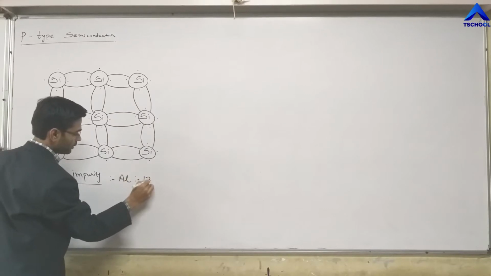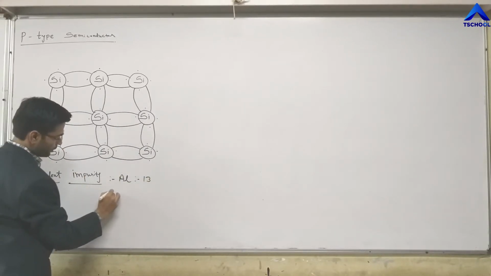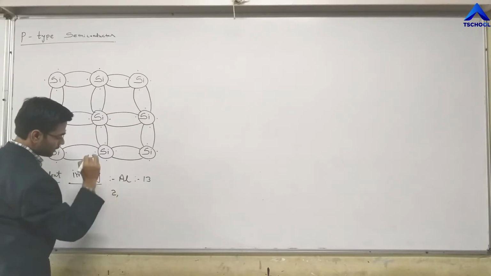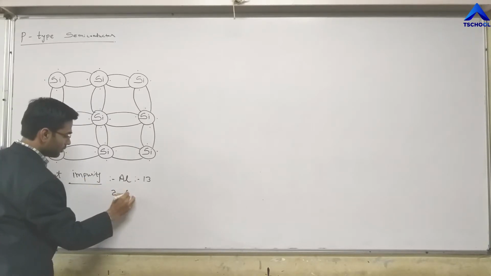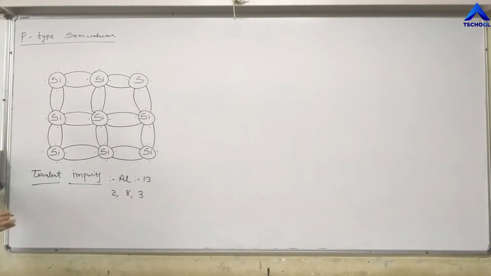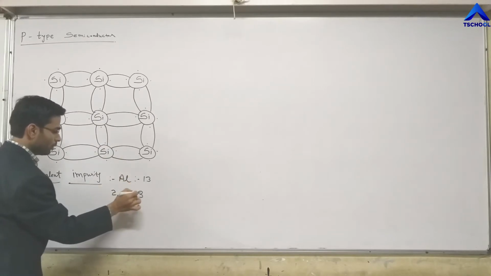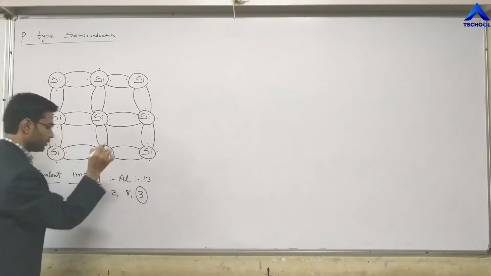In the electronic configuration, the first orbit has 2 electrons, the second orbit has 8 electrons, and the outer orbit has 3 valence electrons. 2, 8 and 3. In the outer orbit, there are 3 valence electrons.